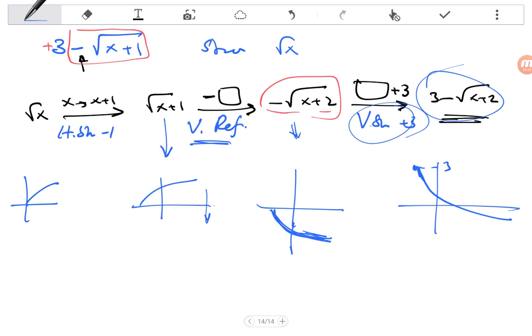Now we still have two other reflections. One is called absolute reflection.